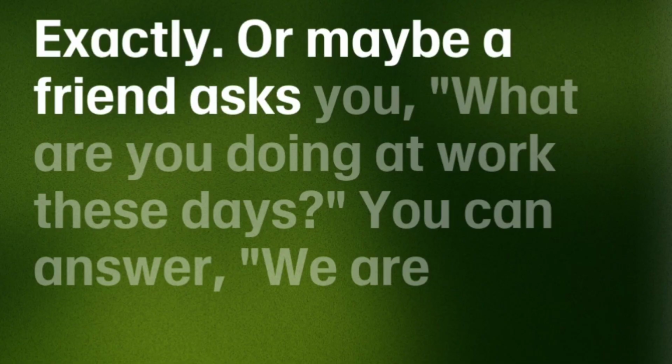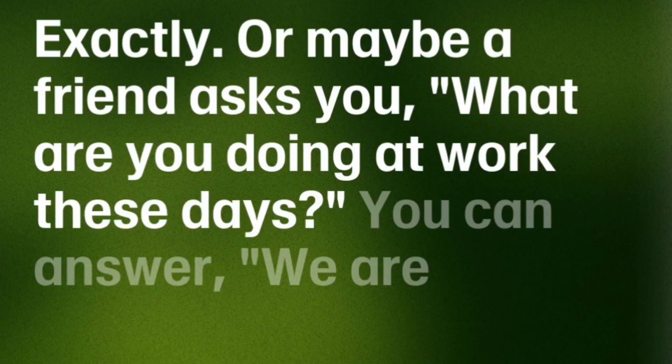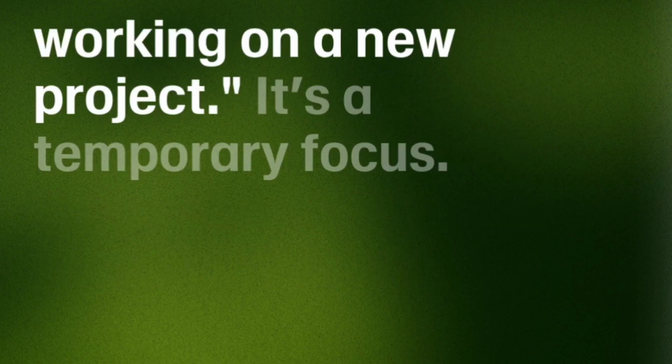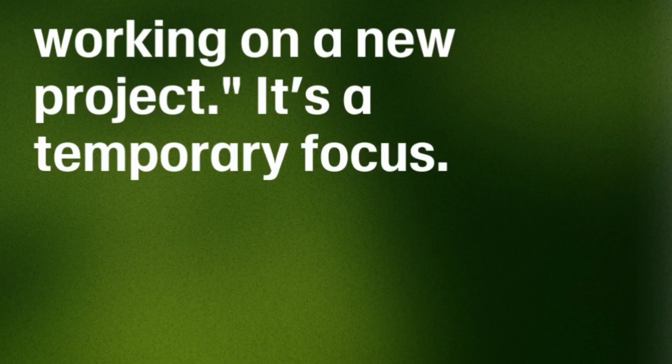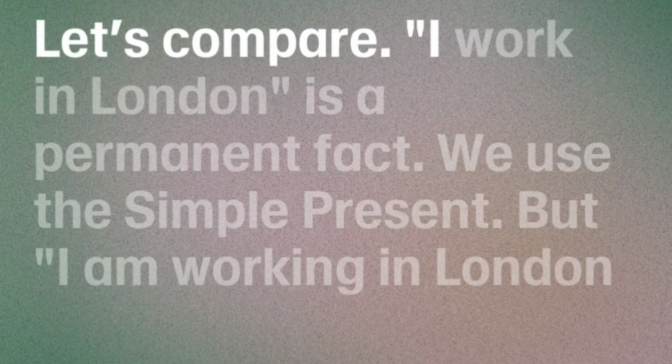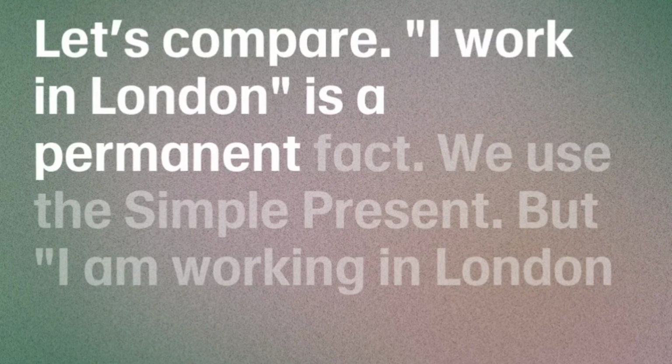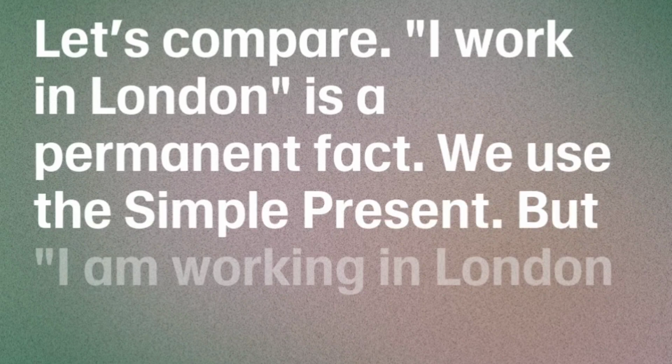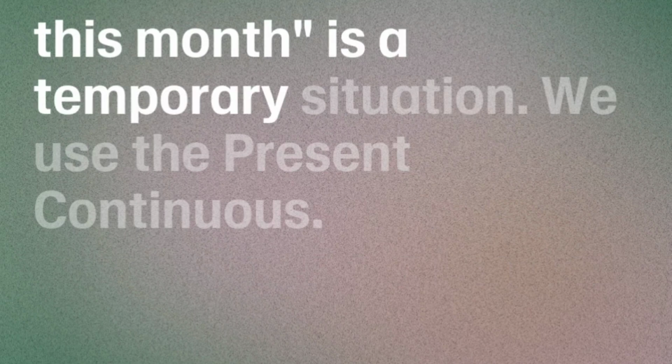Or maybe a friend asks you, what are you doing at work these days? You can answer, we are working on a new project. It's a temporary focus. Let's compare. I work in London is a permanent fact. We use the simple present. But I am working in London this month is a temporary situation. We use the present continuous.